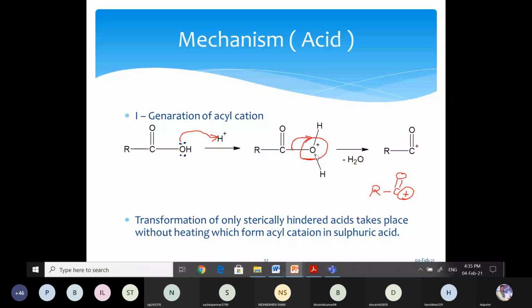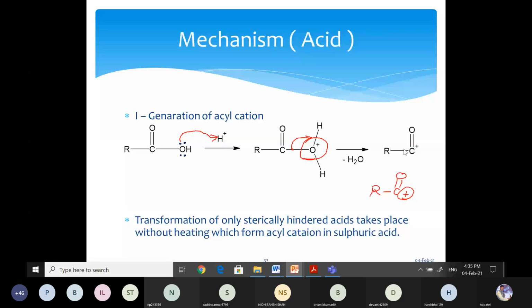Now this acyl cation, having a deficiency of electrons, reacts with HN3. The nitrogen which has a negative charge attacks this position, and we get RC double bond O NH and N plus N. Now from this, removal of N2 takes place.